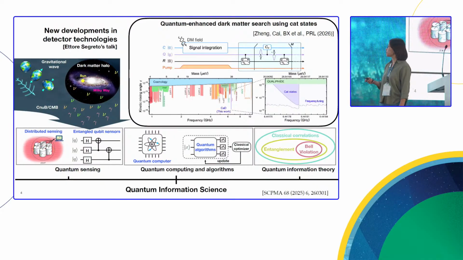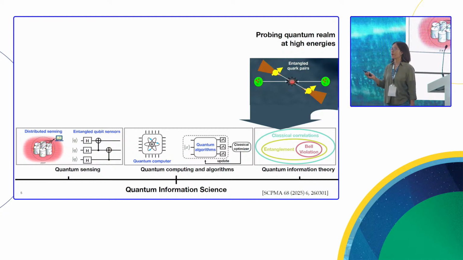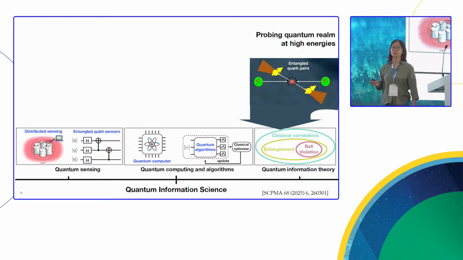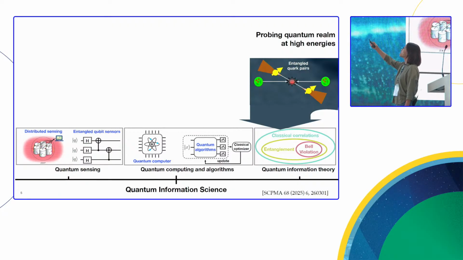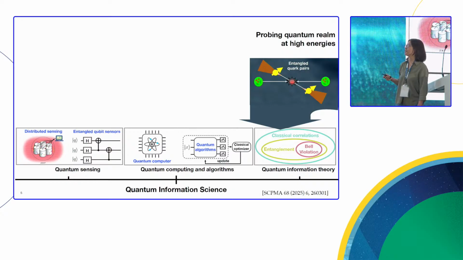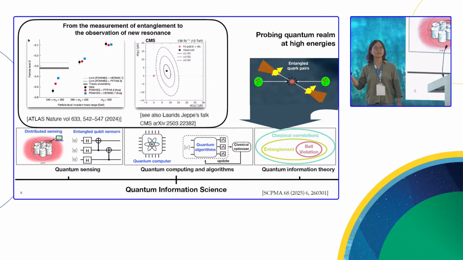And then the second topic I would like to mention is quantum information theory. We have a lot of long-term efforts in probing violation of Bell inequality and also quantum properties in condensed matter and atomic theories. At colliders, this is a very unique avenue for us to probe quantum mechanics at very high energies. You already saw this very nice result from ATLAS measuring the entanglement from the t-tbar final states.